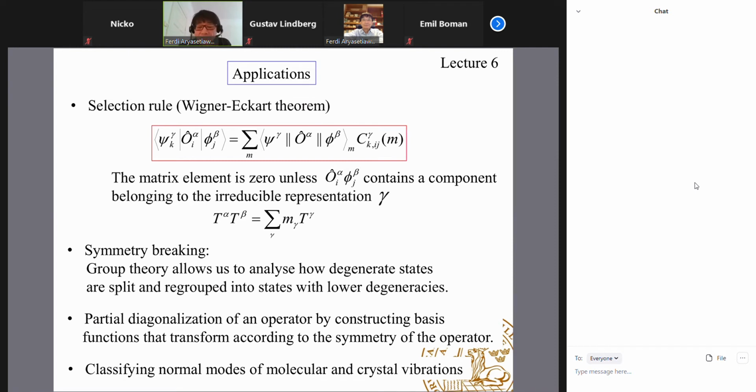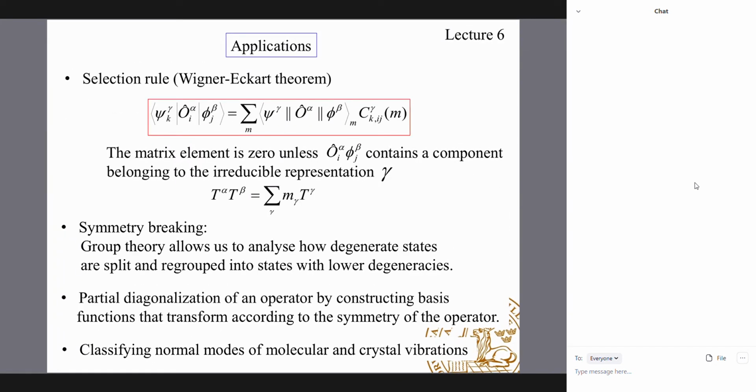But before we do that, I would like to recapitulate what we did last time with the product representations, because it is one of the important applications of group theory, and it's also related to angular momentum theory. So let me share a whiteboard here.